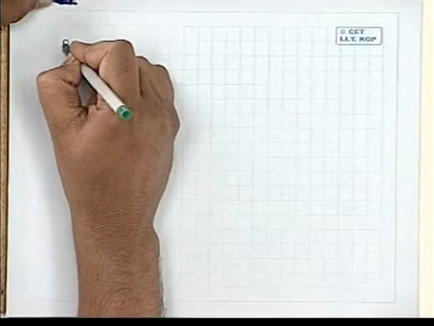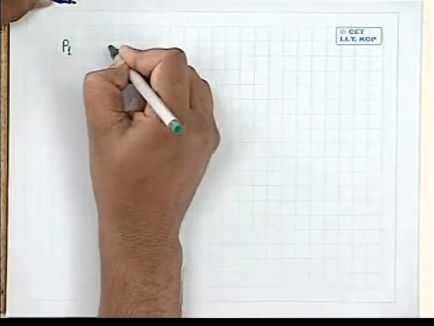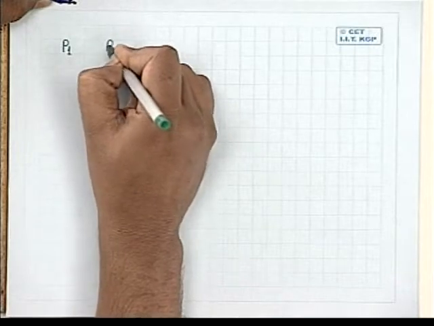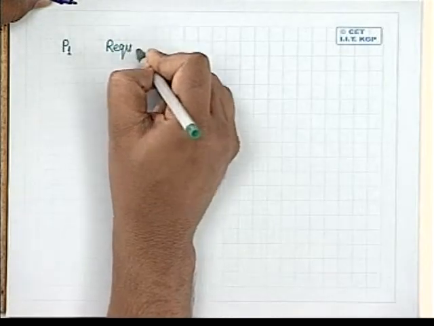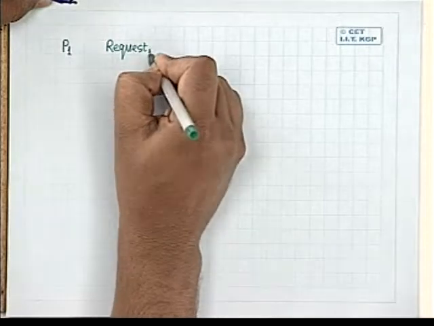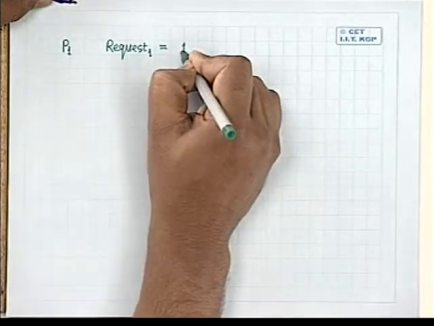Now, because the state is safe, it is quite likely that the system may reach this state. Once you are in a safe state, if a process now puts a request for some number of resources, suppose process P1 has put a request, this is request 1, equal to 1, 0, 2.